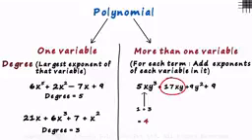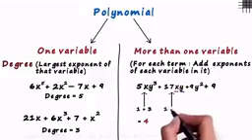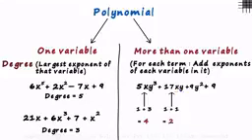Now we come to the second term. There are two variables, x and y, and each of them has an exponent equal to 1. Adding the exponents, we consider the exponent of this term to be 1 + 1, which equals 2. In the third term, we have just one variable. Its exponent will just be 2.